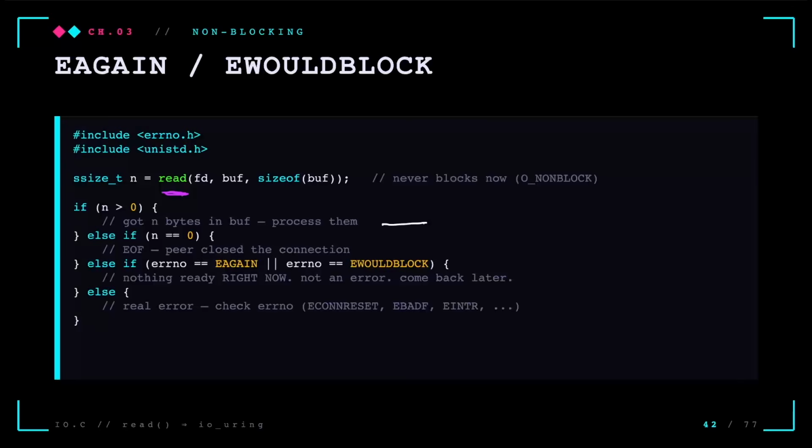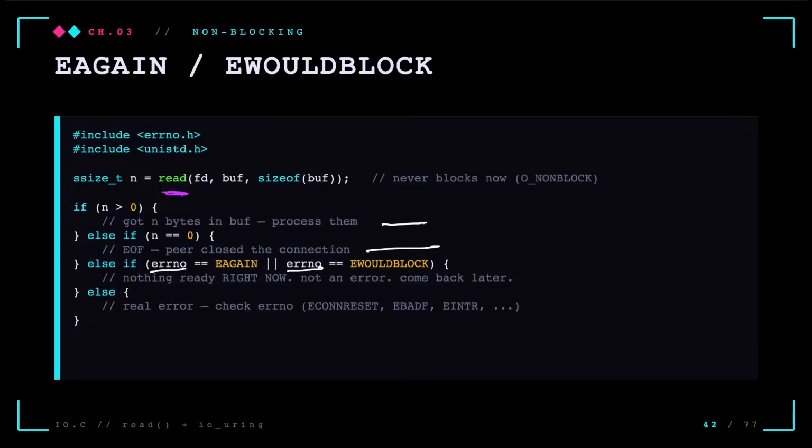If n is 0, the peer has closed the connection, so no data has been received. However, we also have to check errno. If errno is EAGAIN or EWOULDBLOCK, it means that the data is not ready. The operating system is fetching the data for us, and we have to come back later and check again.